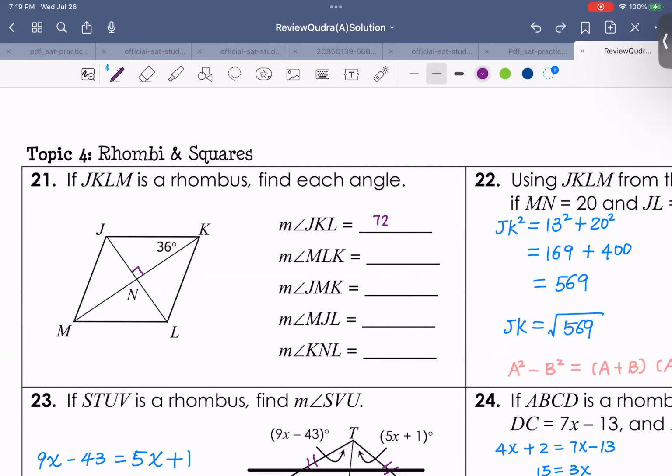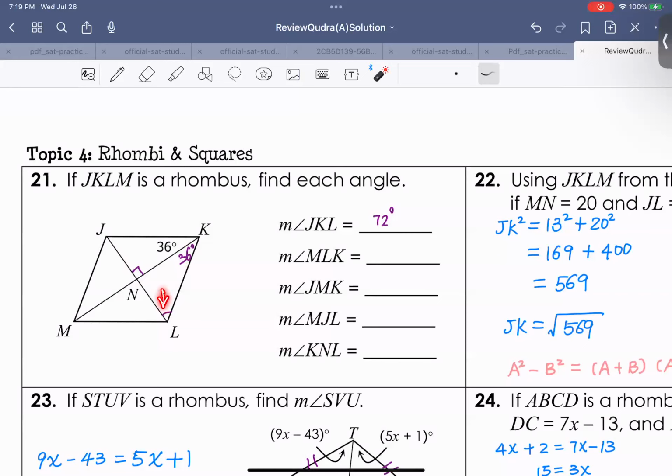And then keep going, next one. You want to get this, right? So you know this is 36. So how much will be here? 72. No, wait. Why do you think this is double this? This is 90 degrees, so this plus this will be 90. Oh, wait.